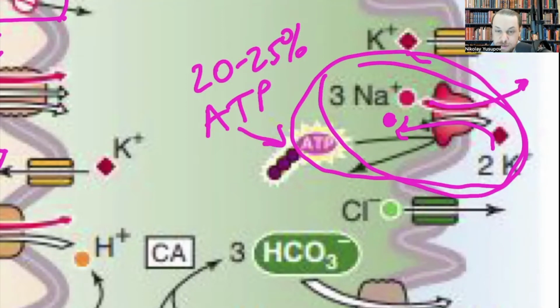Adenosine triphosphate. So what do you think in the setting of shock, when you have anaerobic respiration and your mitochondria are not making ATP? Do you think all of this is working? Not working. So your kidneys may also not get enough ATP. Plus, in the setting of shock, you become acidotic.